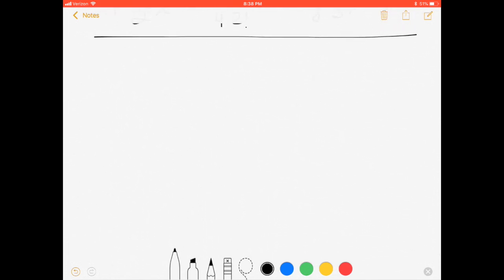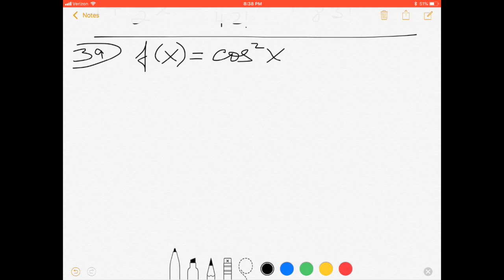Next question. I want to show you number 39, because what is interesting here? Here you have f(x) equal cosine squared x. Yes, right, you can remember or see the Maclaurin polynomial.